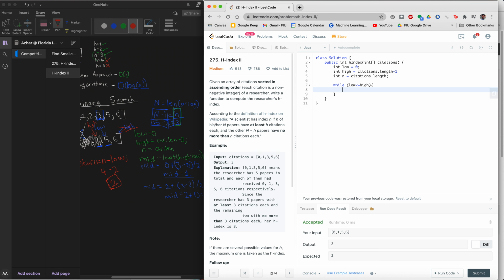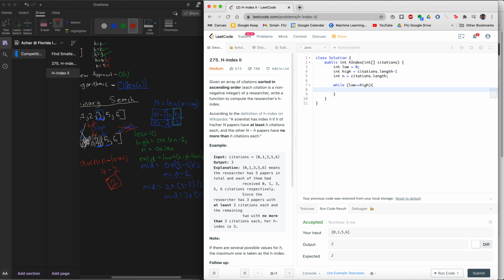And it's fine also if the low is equal to the high, since it doesn't really matter if they're the same number. If low and high are by chance the same, you could still check that value for the mid and see if it's an H index. But if the high is less than the low, then you've already most likely seen all the possible values that could be H indexes that would work.